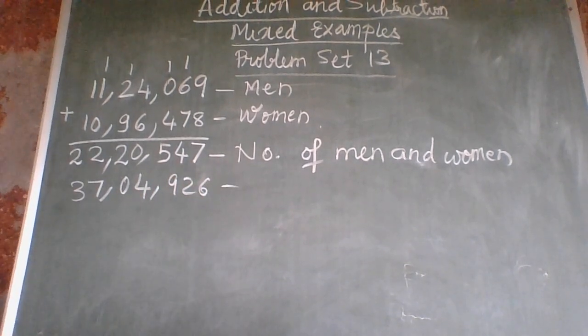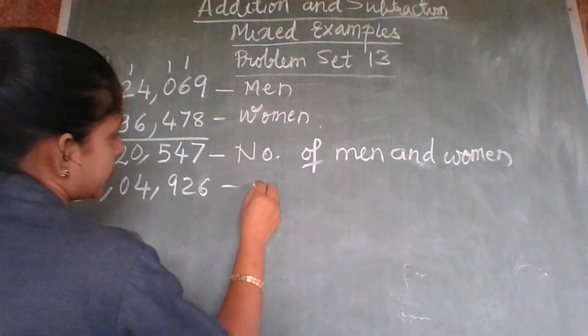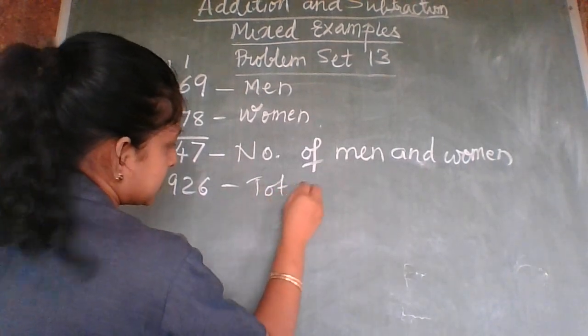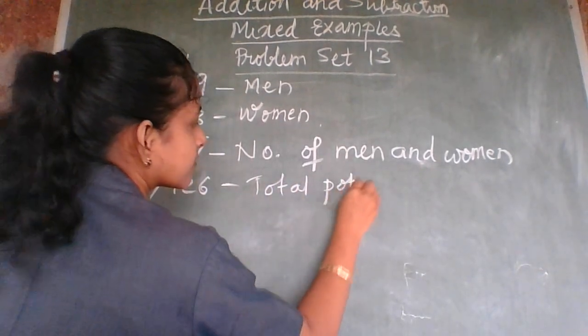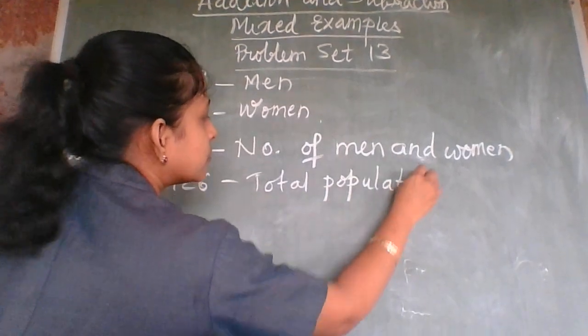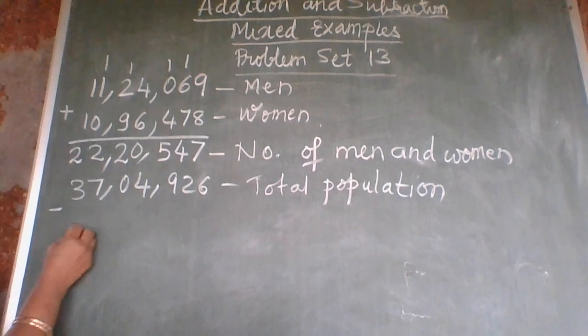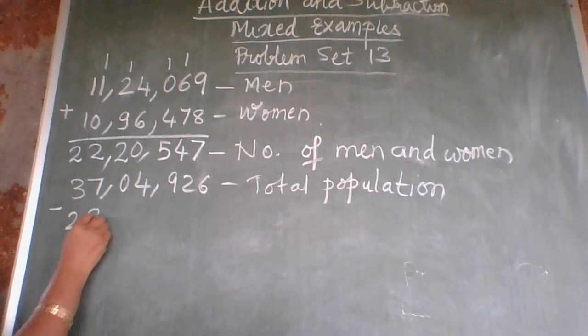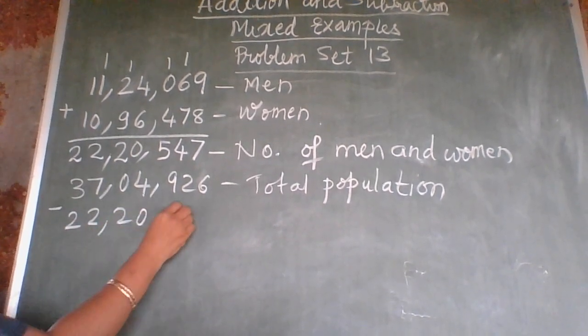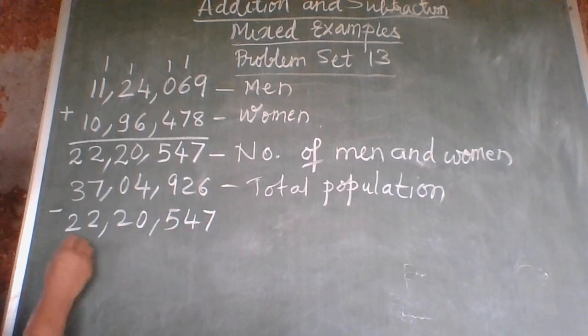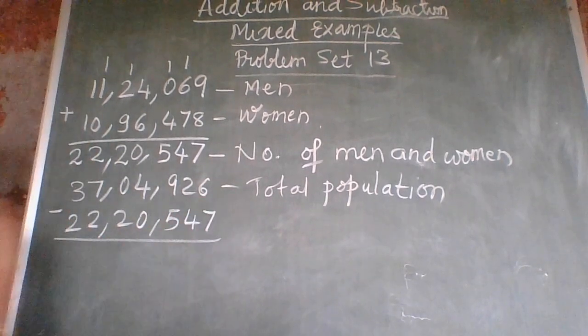Okay, total population of the city. From this we have to subtract the number of men and women, that is 22,20,547. Fine students, now we have to subtract.